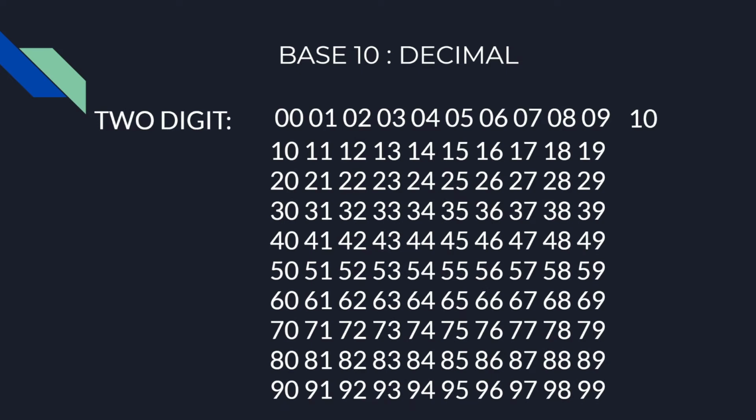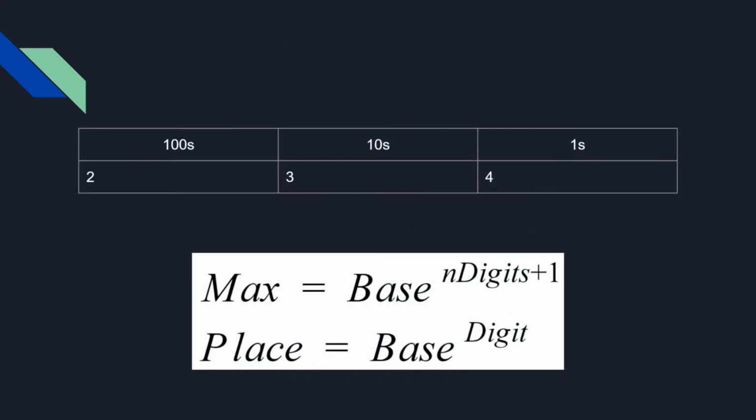We can continue adding digits until we need another digit to represent 100. This new digit is called the hundreds place and keeps track of the number of hundreds that we have. So now that we have all this, what could we say about a number like 234? Well, we could say we have 2 100s, 3 10s, and 4 1s, giving us 234.